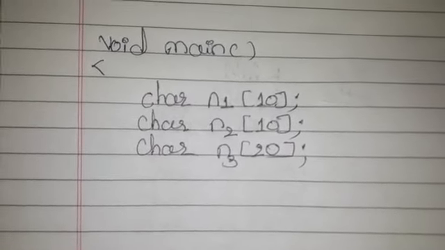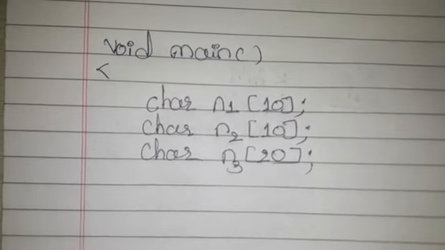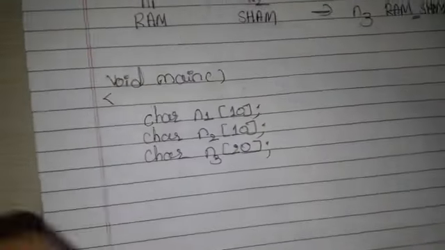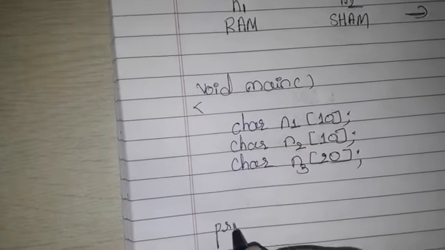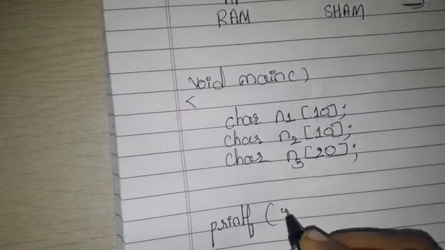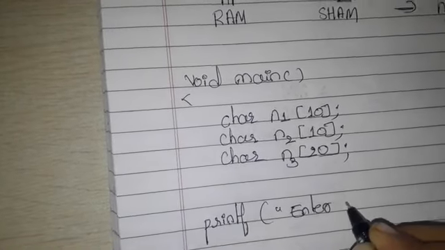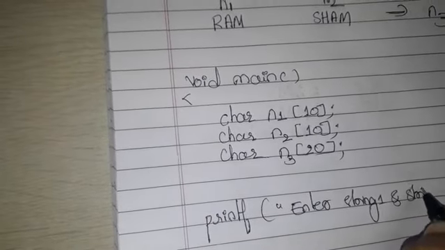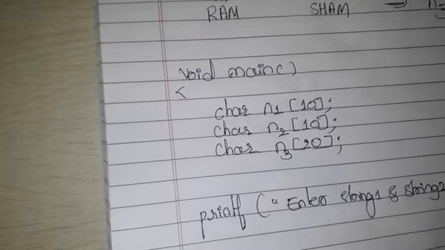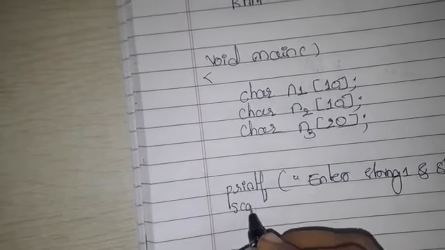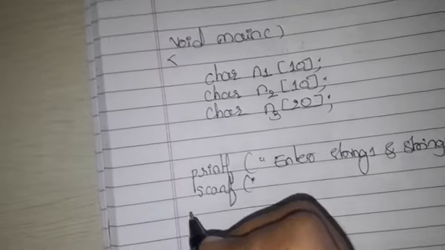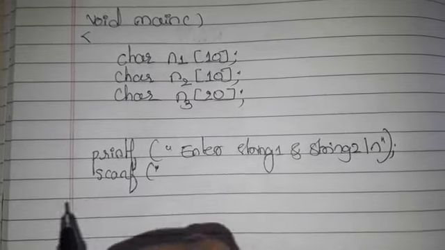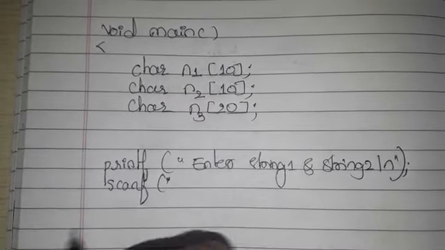And next to that, I should ask the user to enter string 1 and string 2, that is n1 and n2. That's why I'll ask the user to enter n1 and n2. Printf enter string 1 and string 2. Okay, so I'll be using scanf here because I am taking a single-line string for the concatenation. There is no need to go for any large kind of strings with white spaces, carriage return and all.